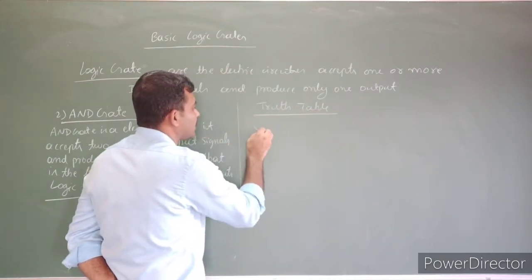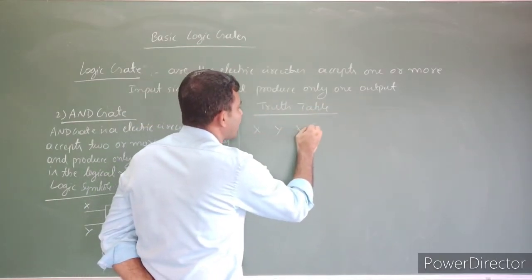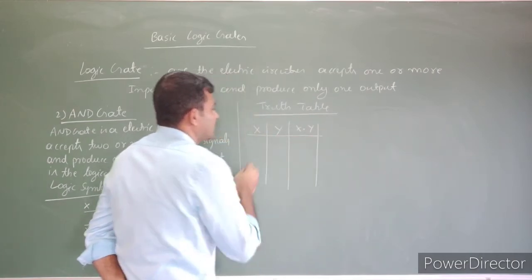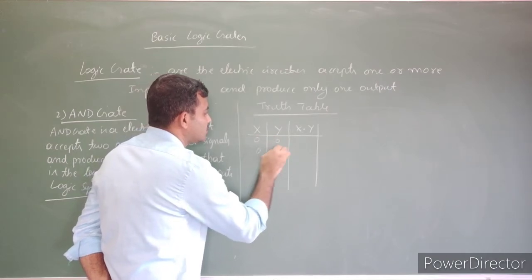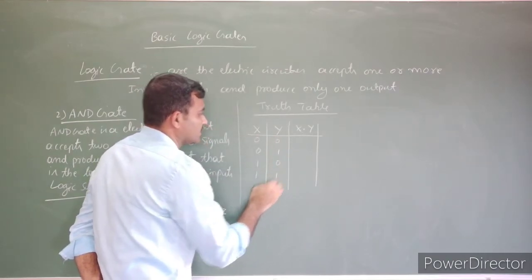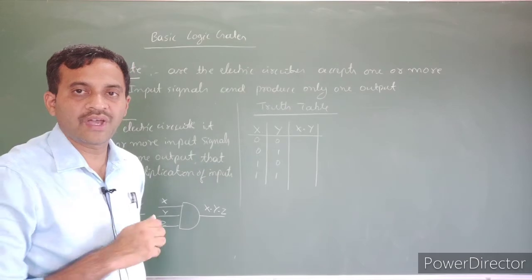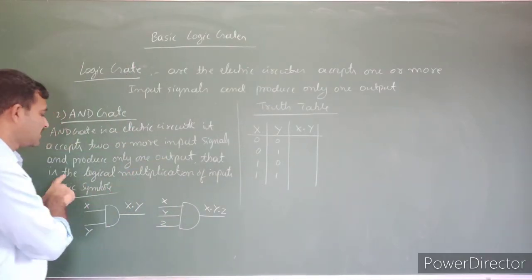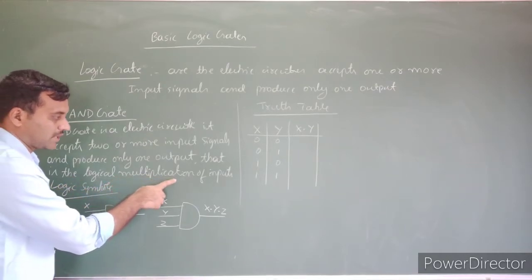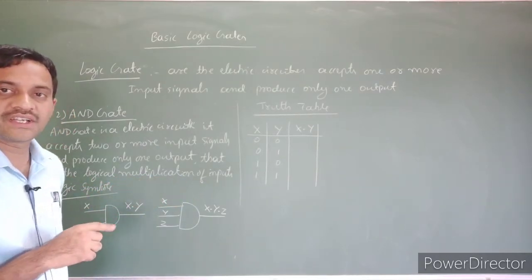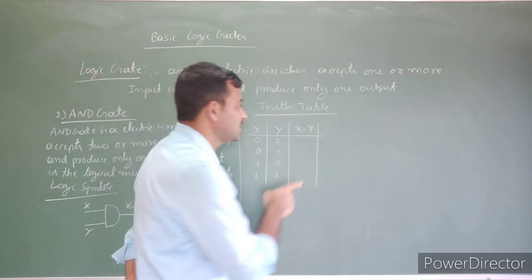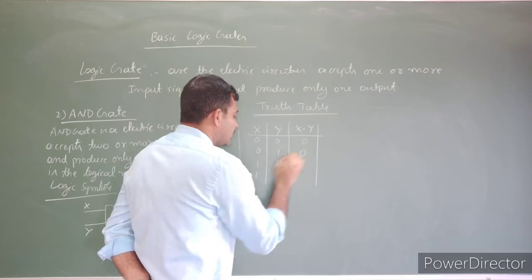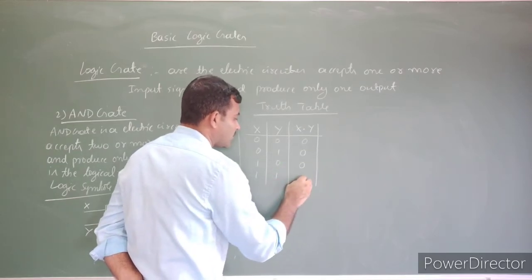If it is two variables x, y, the output is x into y. The combinations are 0 0, 0 1, 1 0, 1 1. These are the combinations for two variables. See here, the output is the logical multiplication of inputs: 0 into 0 is 0, 0 into 1 is 0, 1 into 0 is 0, 1 into 1 is 1.